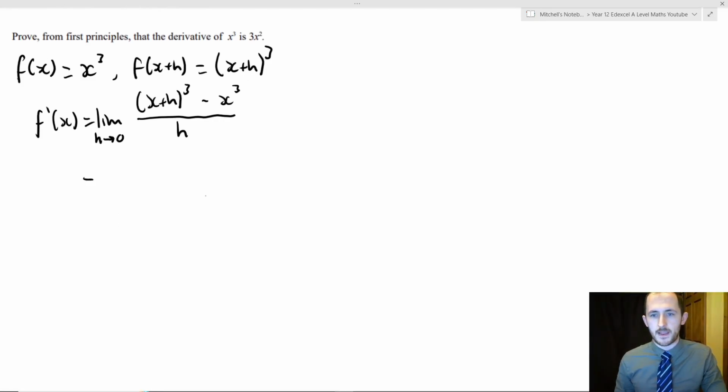So if we write what that equals, we have to now expand the brackets, unfortunately. So if we expand the first two brackets, we're going to have x squared plus 2hx plus h squared, and that's still going to be multiplied by x plus h, minus x cubed.